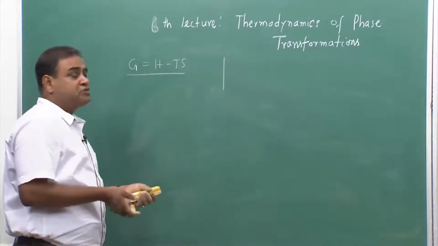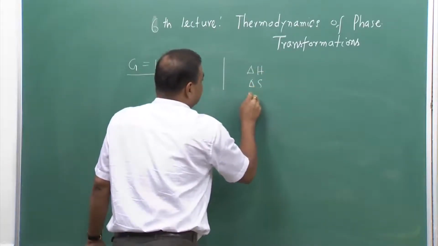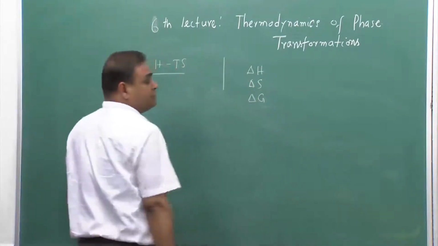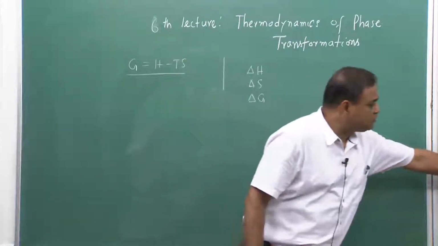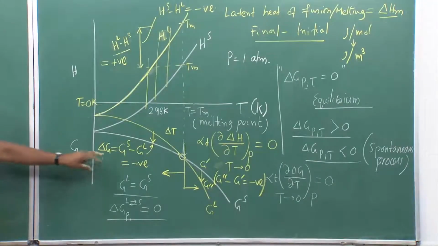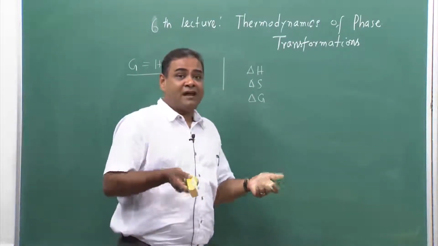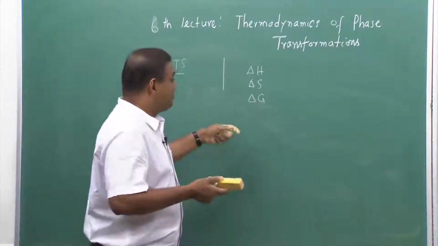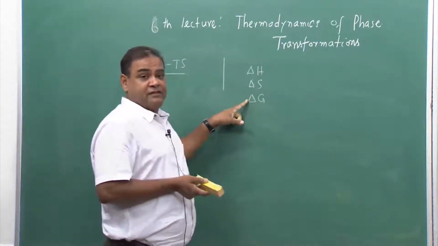So, we find out change in values, either del H, del S or del G. And we are not bothered about finding G S or G L, we are bothered about finding del G. Now, why would this del G be required? First, we should understand why it is required, then we should crack our minds to see how we can quantify this.